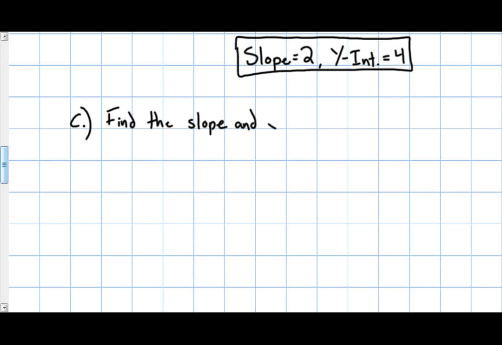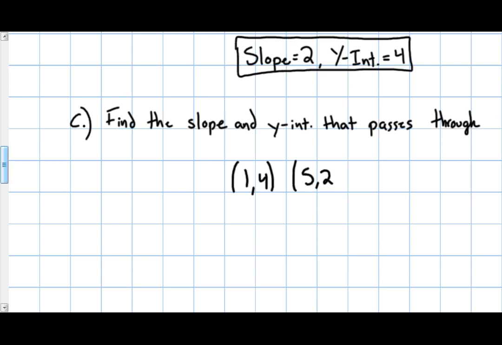Find the slope and y-intercept that passes through these points: 1, 4, and 5, 2.